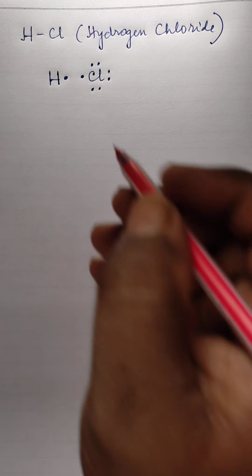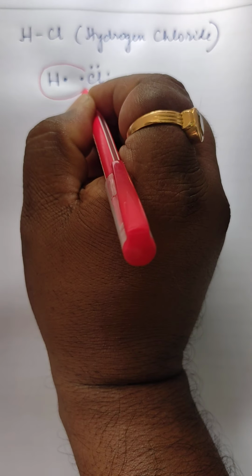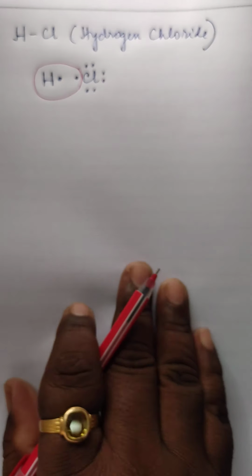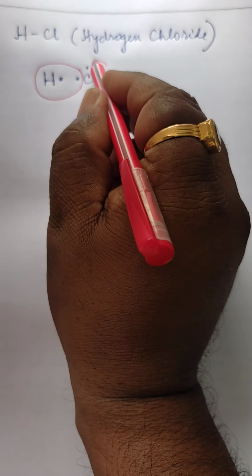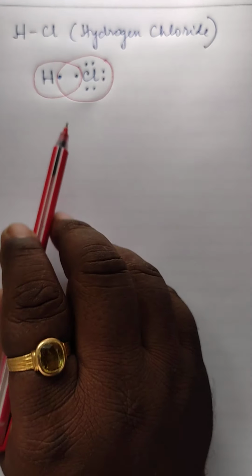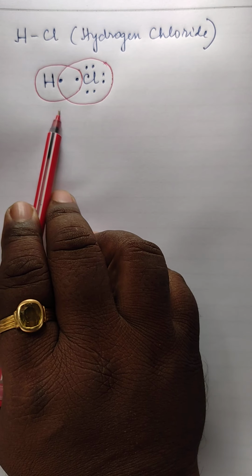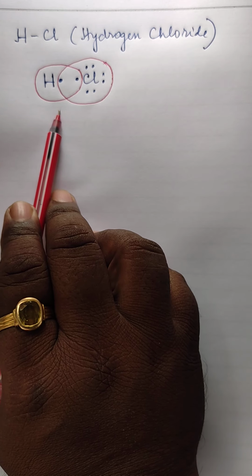The hydrogen needs to satisfy the condition called doublet or duplet, so in this case it has 2. The chlorine gets another, making 8. Looking at this diagram of hydrogen chloride, we can see that it is sharing a single pair of electrons.